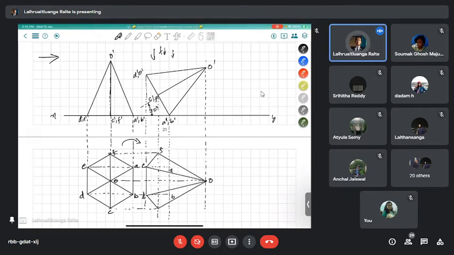So that is why we will now be joining all the other lines in dotted line, but darker than the other construction lines.